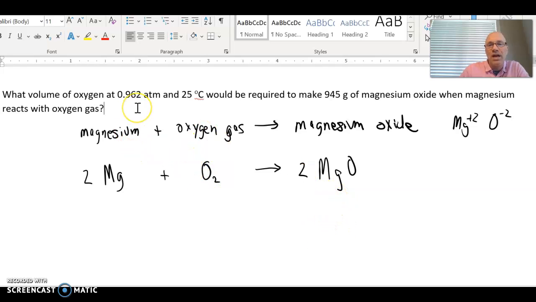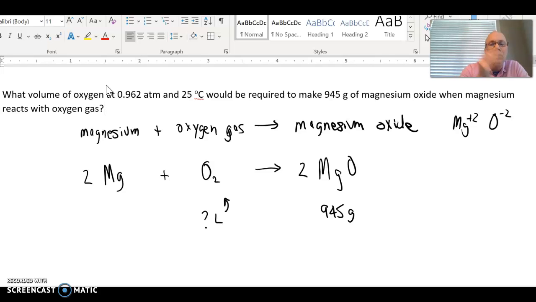The chemicals we're dealing with here are magnesium oxide and oxygen. So we want to figure out how we go from 945 grams of this stuff to a certain volume, a certain number of liters, of that thing right there.